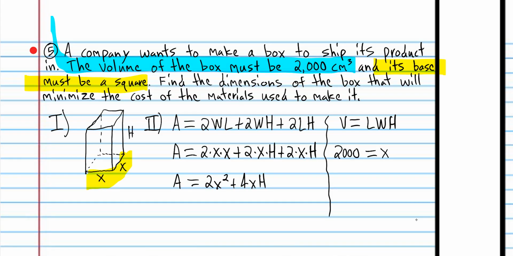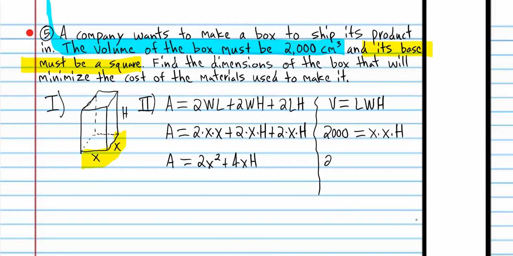The length is x, the width is x, and h is just h. So we have 2,000 is equal to x squared h. Now we can use that equation to solve for h, and then we plug in that expression for h up here.